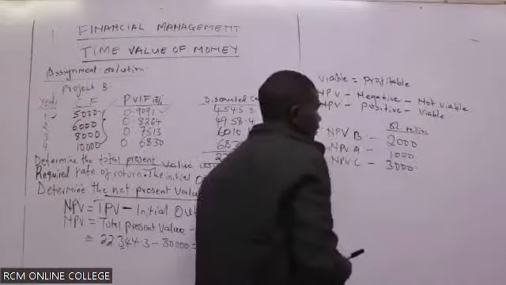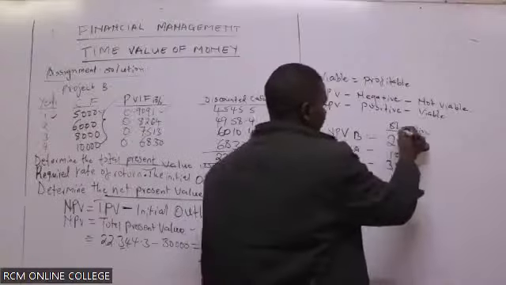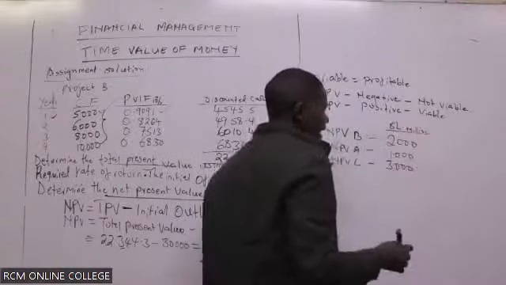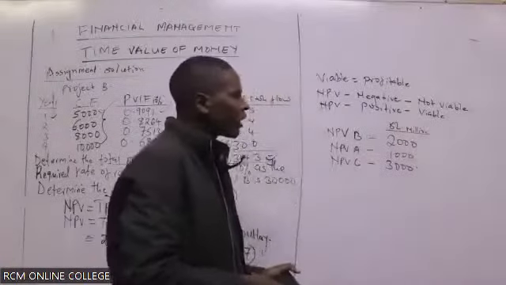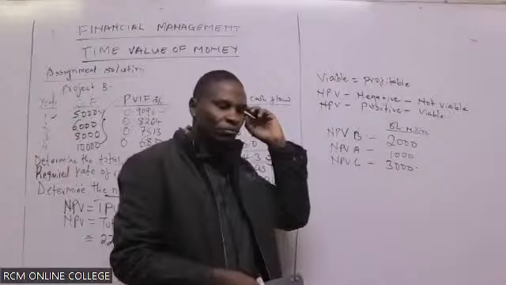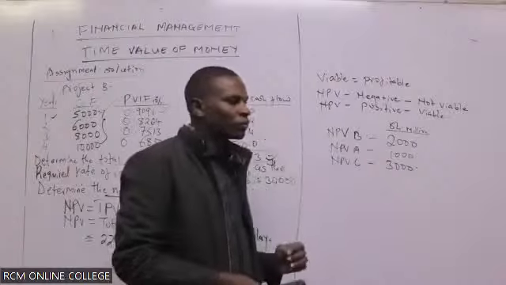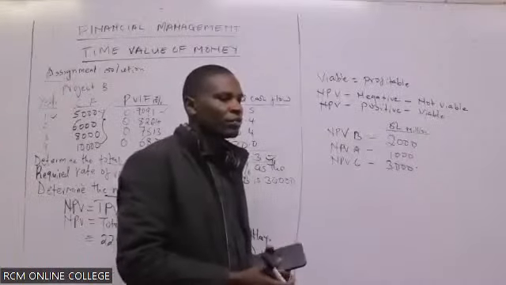Investor Jane comes to you and tells you that she wants you to advise her on which project to invest in. As a financial analyst, which project would you advise Jane to invest in?